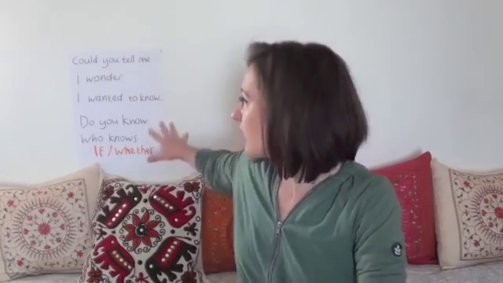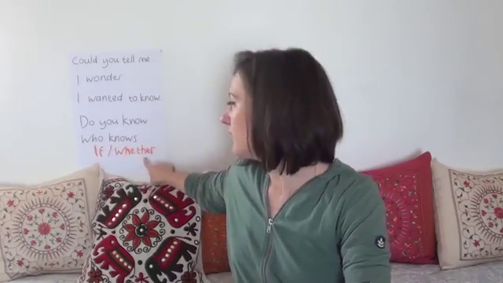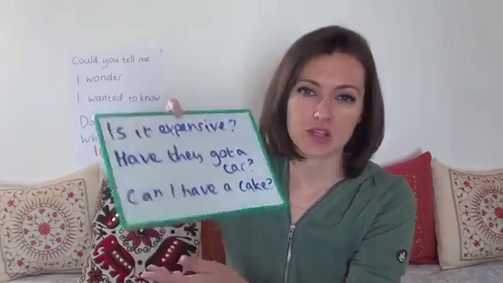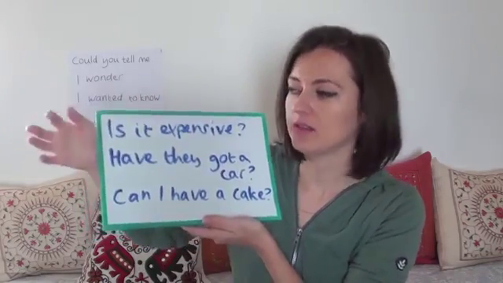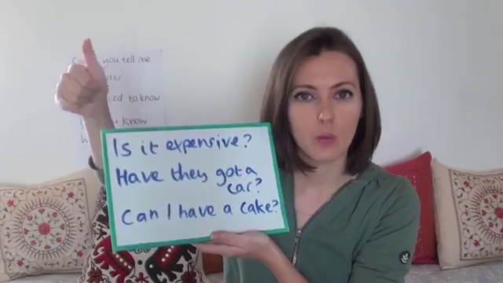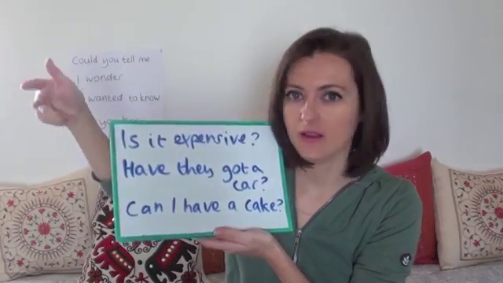Now we're ready to go to the final stage of asking questions like a native speaker. What you do is you take one of the phrases and then you use if or whether. It's in orange. Can you squint to see it? If or whether. And then we take a question, but these questions are different because there is no question word like what, when, why, how.